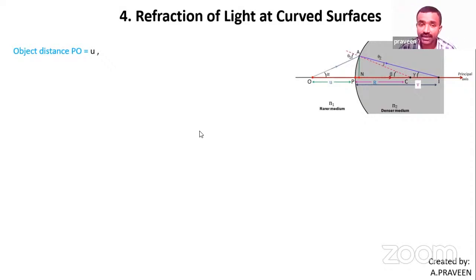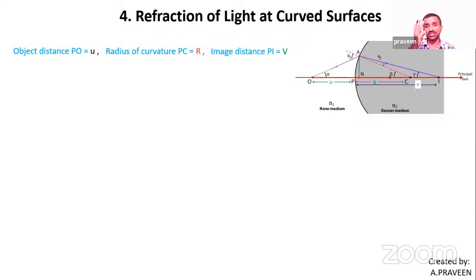Simply, here we can go for those relations in the triangles. For that, pole to the object is given as the object distance, represented as u, and pole to the center is given as the radius of curvature, and the image distance is pole to the image, taken as v.